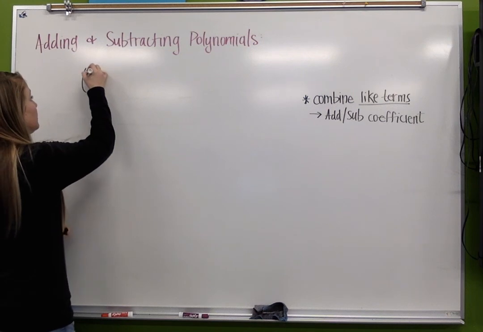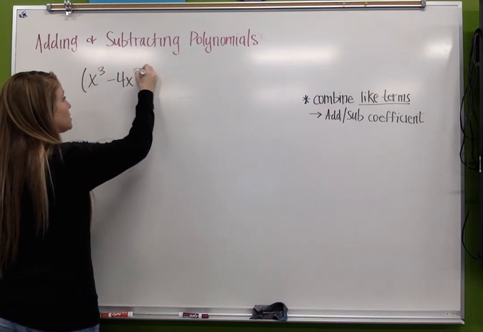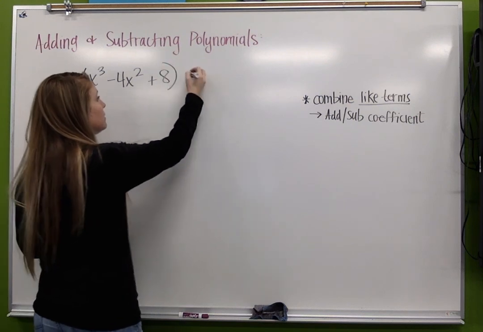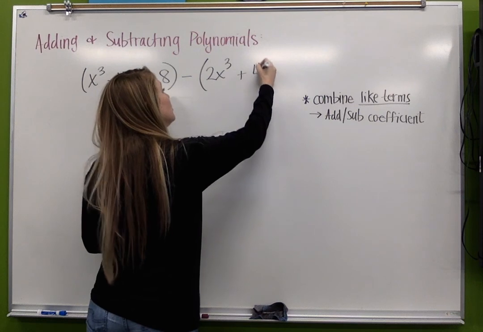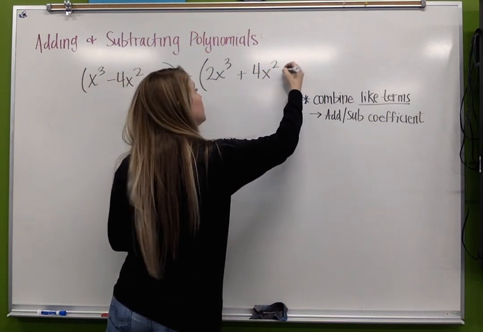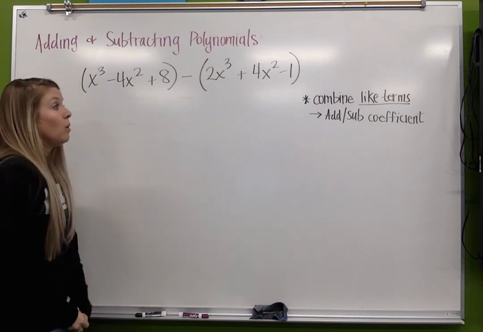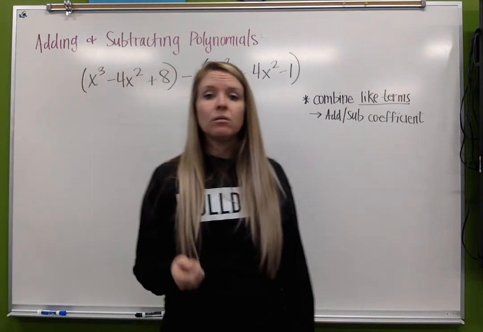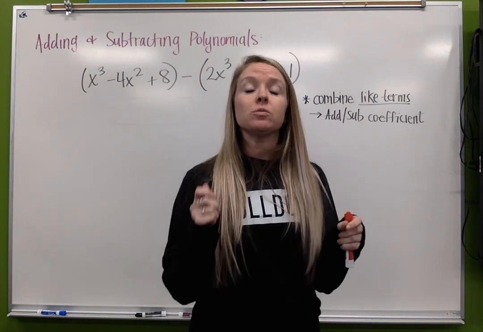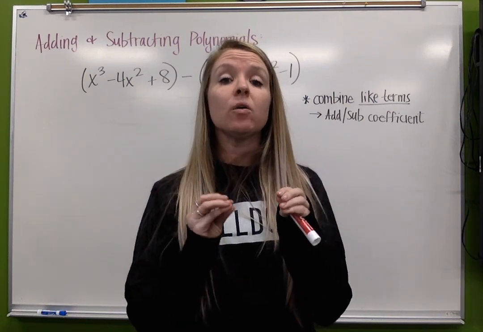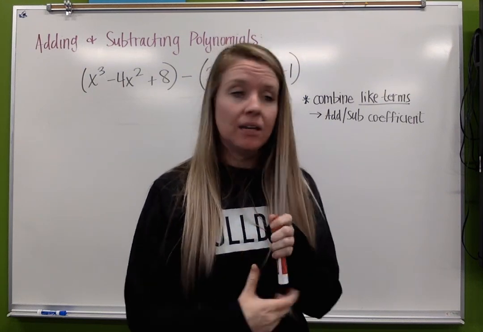So let's do x cubed minus 4x squared plus 8 minus 2x cubed plus 4x squared minus 1. So when we subtract, we're subtracting. Simple, right? But what we're going to do is go in and add the opposite by distributing our negative.